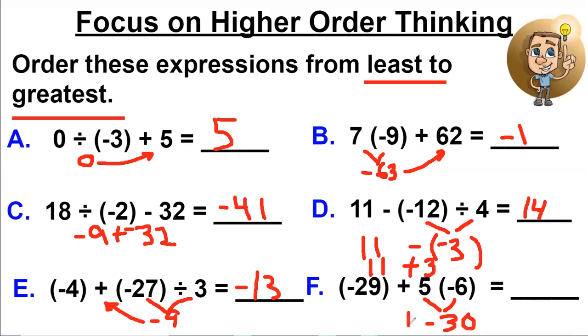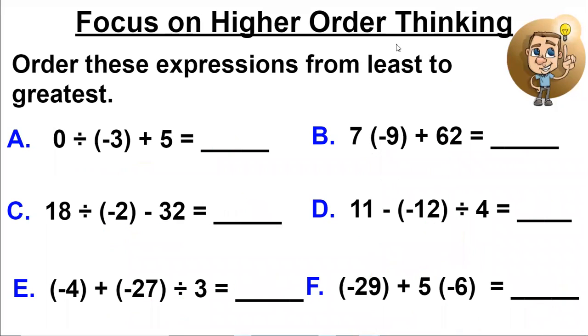And we're going to add to that negative 29. So we're going to have negative 29 and negative 30. Should be negative 59. Right? Okay, don't get tricked on these. Make sure you use your order of operations. I'm going to clear it because all the numbers are going to come out.